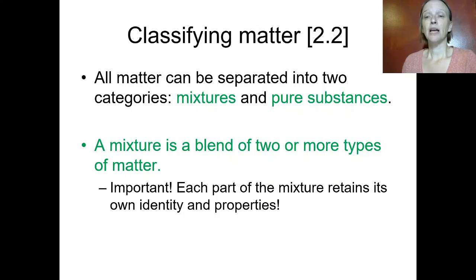It's important to realize that in a mixture, each part of the mixture retains its own identity and its own properties. So if you have salt water, the salt still retains its own salt properties and the water still retains its water properties. Each retains its own identity. The salt molecules and the water molecules don't chemically bond together.